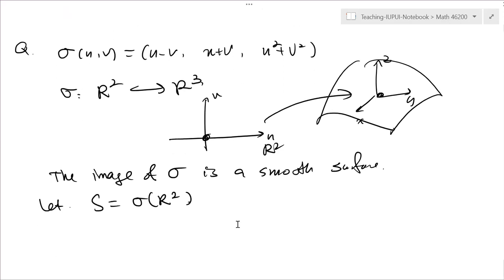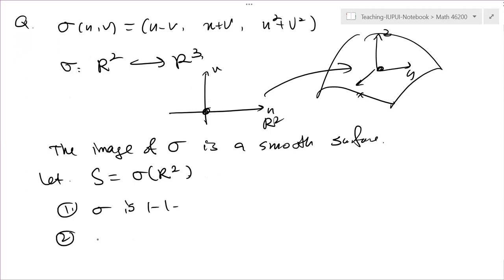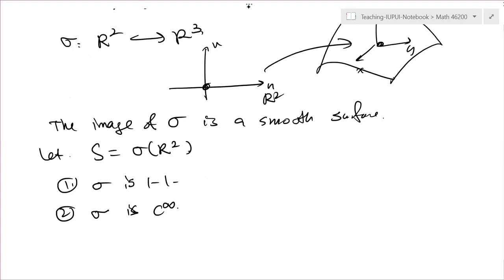All you have to do is make sure, because S is only covered by one sigma, that sigma is regular and 1-to-1. It's a homeomorphism, so I should check that it's 1-to-1. Second, sigma is C infinity smooth, which is obvious.